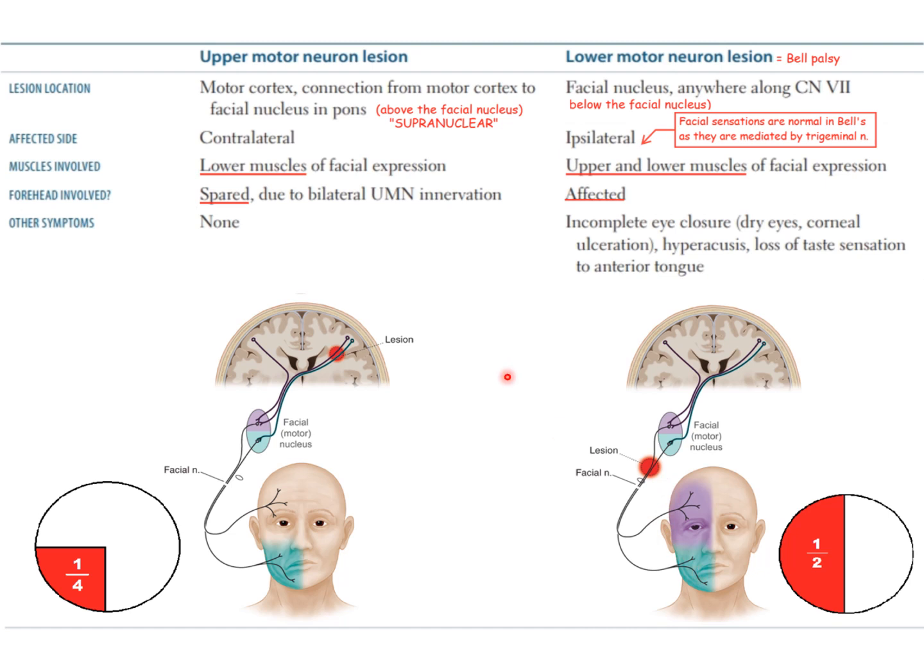So it's important that you are able to differentiate between supranuclear lesions, which present as facial paralysis of the lower part of the face on the contralateral side, and lower motor neuron lesions which present as full face paralysis on the ipsilateral side.